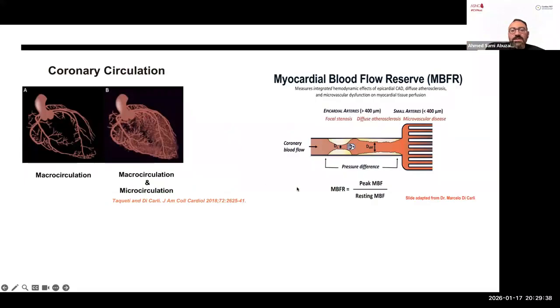When we think about an imaging modality that can give us all this flow data in one blood vessel, I think we have to know how we are imaging and how we acquire the images. I think we all think that if we did a coronary CTA, we would be really limited in this area. When we think about the small blood vessels, we can exclude macrocirculation disease with coronary CTA, but there's a lot happening downstream.